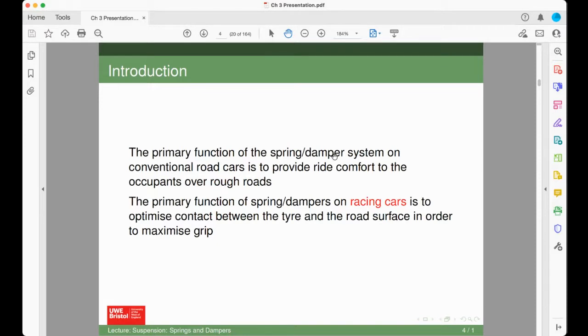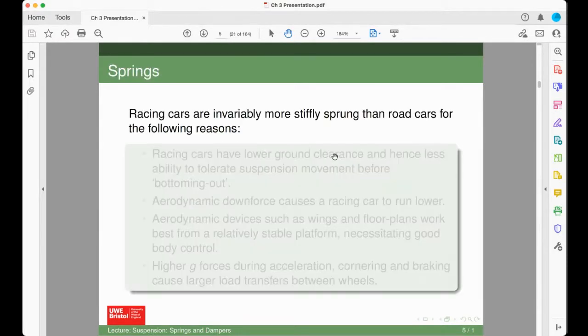Even road cars that are track focused will still have an element of ride comfort incorporated into the suspension system. Whereas with racing cars, it's much more about providing good grip, and generally that means stiffer. Racing cars are invariably more stiffly sprung than road cars, and there are some reasons for that.